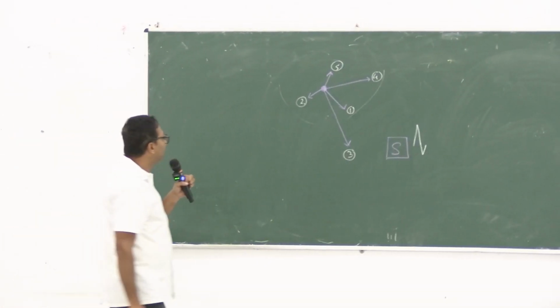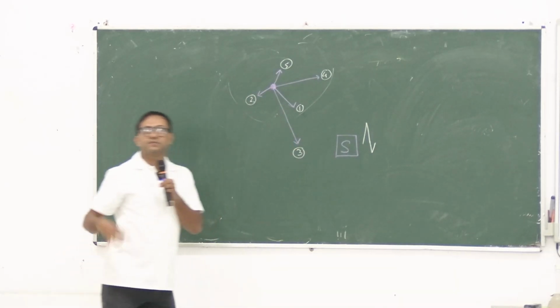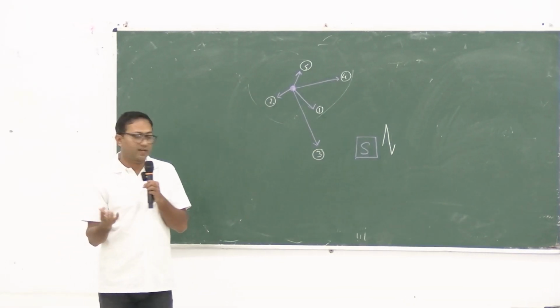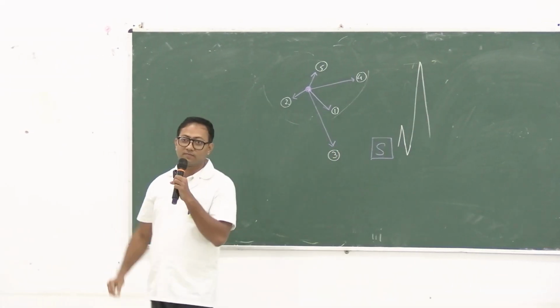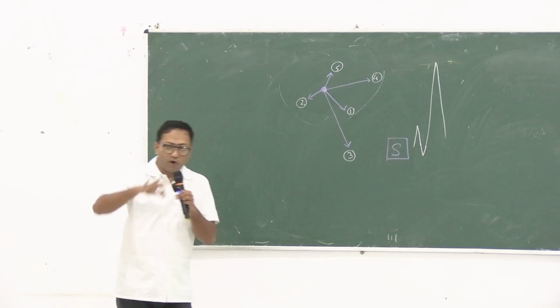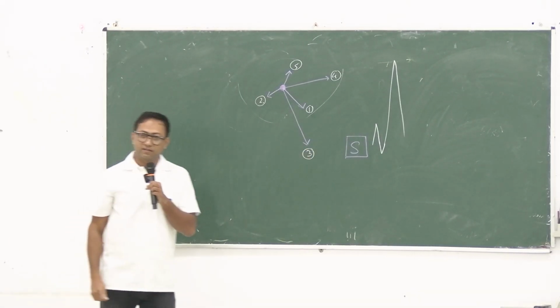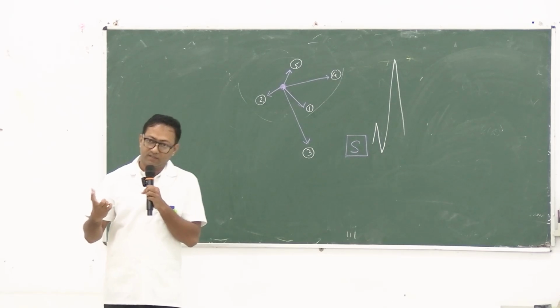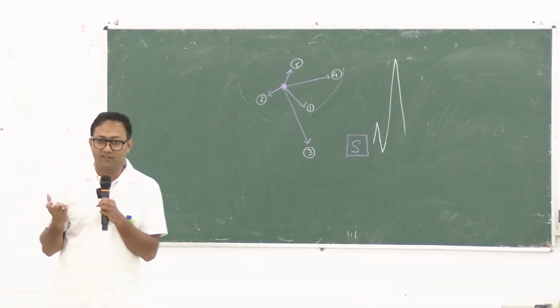Correct? 3, सेंसर के तरफ आ रहा है कि सेंसर से दूर जा रहा है? सेंसर के तरफ आ रहा है, right? You get a huge positive signal. Because for all the vectors, this is the strongest vector. Okay? The stronger is the vector, the sensor will sense it loudly.